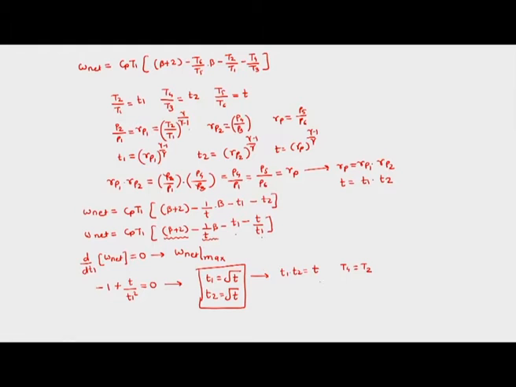We should also know one thing: W low pressure compressor is Cp into T2 minus T1. W high pressure compressor is Cp into T4 minus T3, but T4 is equal to T2. So Cp into T2 minus T1. So W low pressure compressor is equal to W high pressure compressor. So if we want to maximize the W net, then we get a constraint that both the compressors should have same work input.